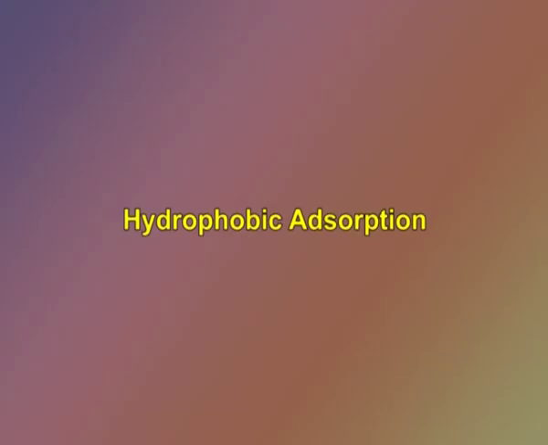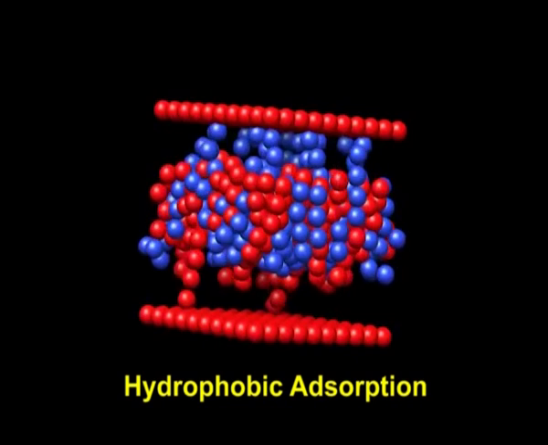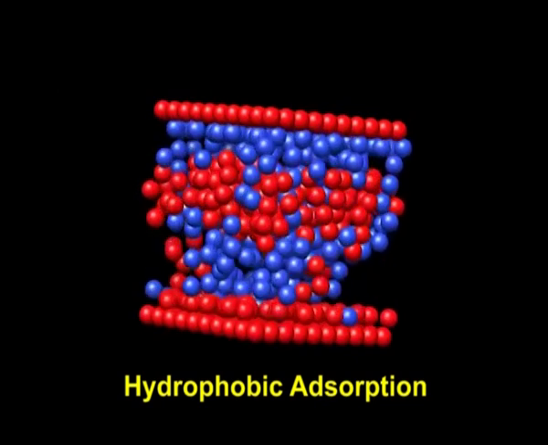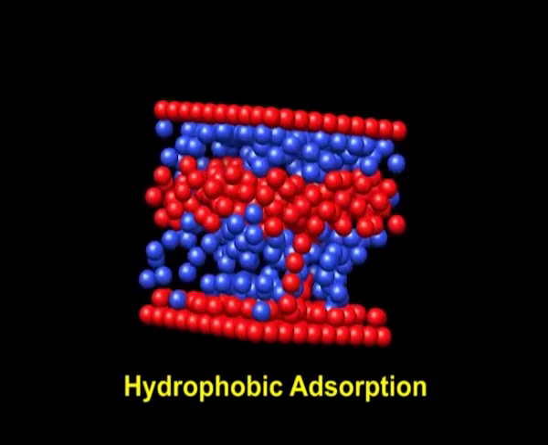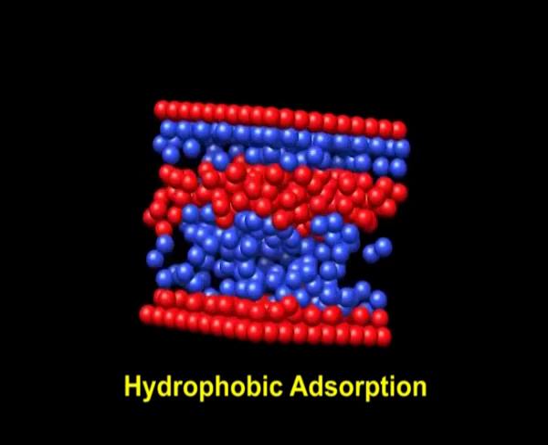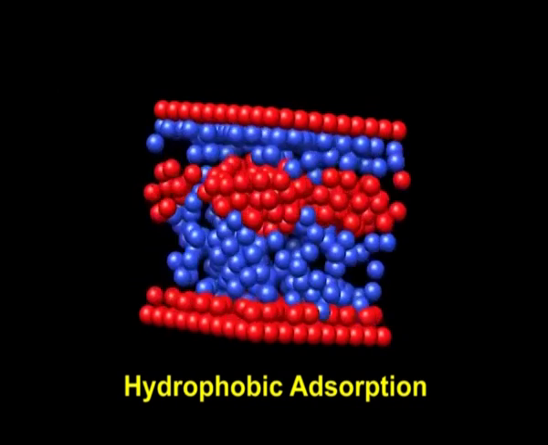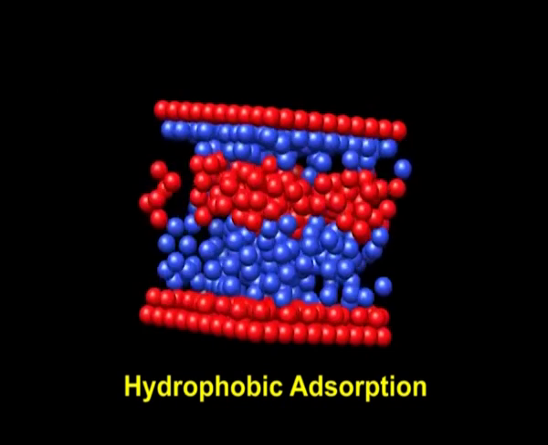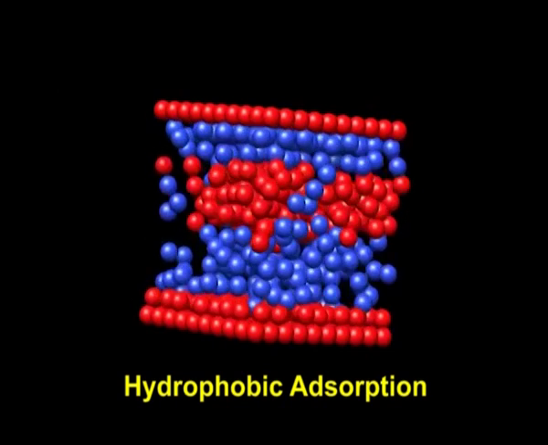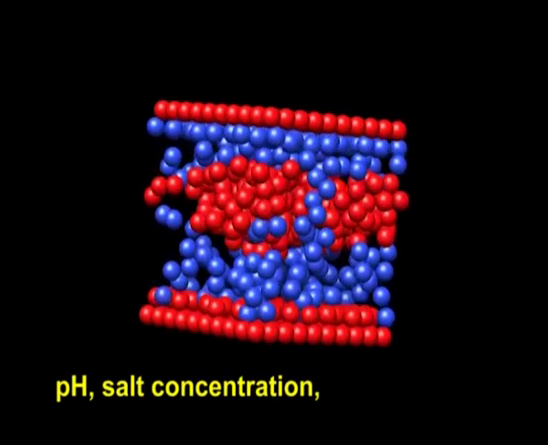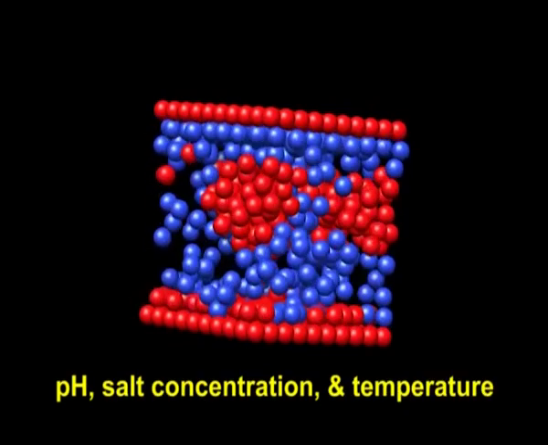Next is hydrophobic adsorption. Another approach is the use of hydrophobic interactions. In this method, it is not the formation of chemical bonds, but rather an entropically driven interaction that takes place. Hydrophobic adsorption has been used as a chromatographic principle for more than 3 decades. It relies on well-known experimental variables such as pH, salt concentration, and temperature.